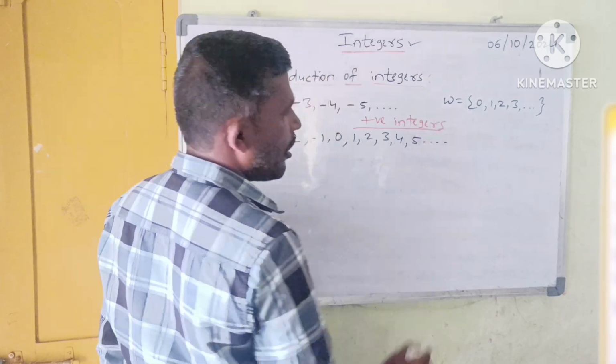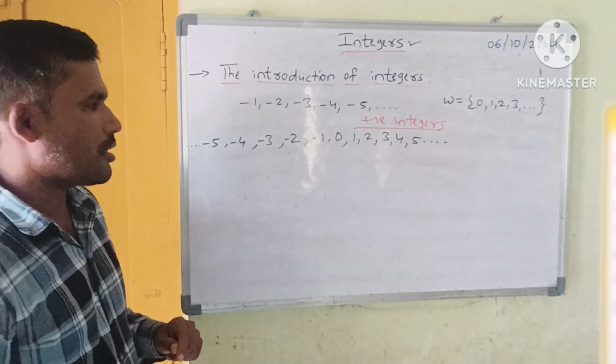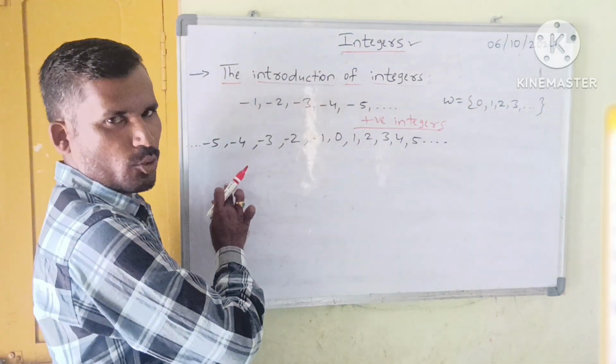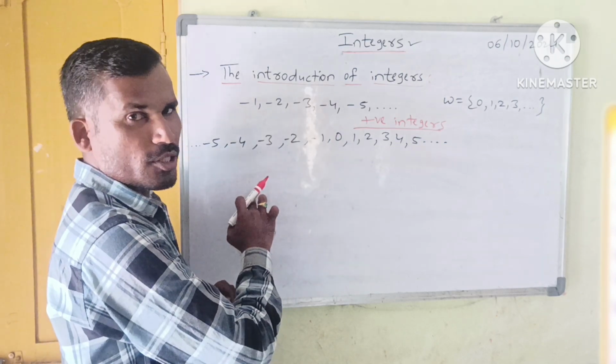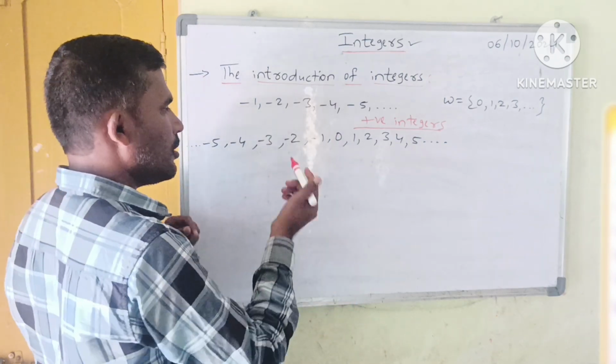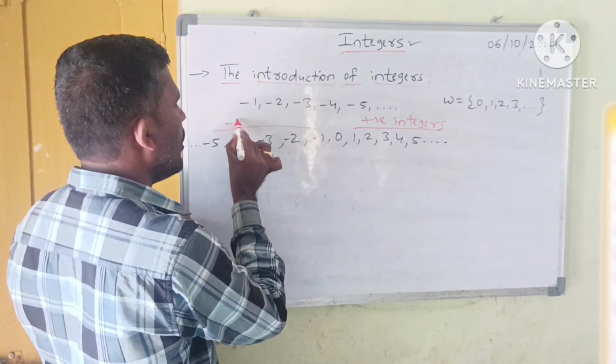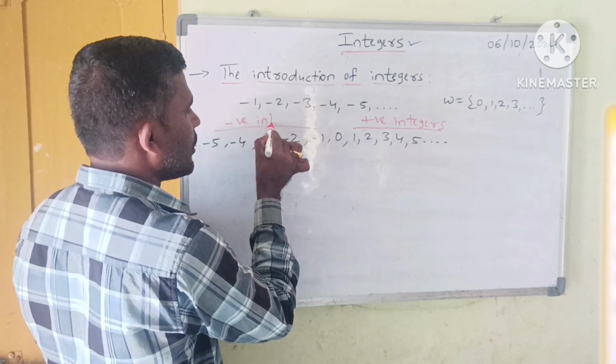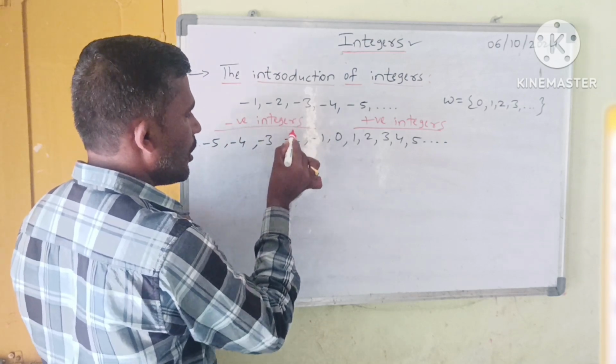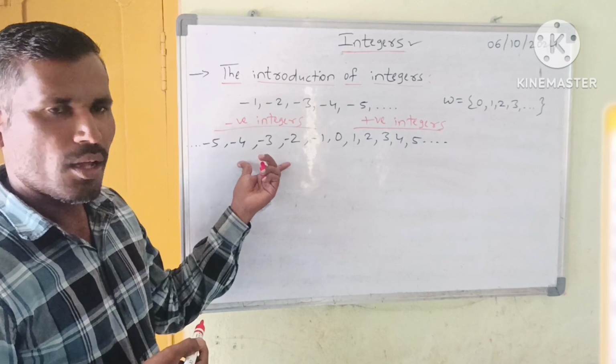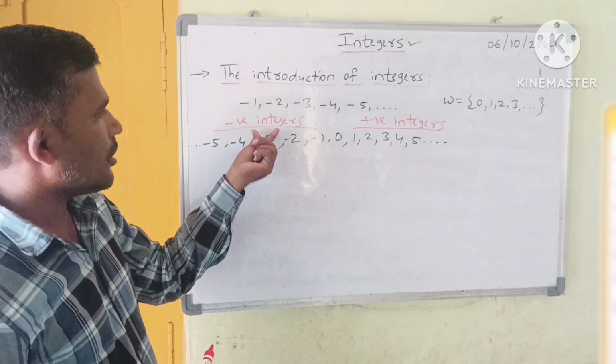The left side of the 0 is negative numbers. The negative numbers we call negative integers.